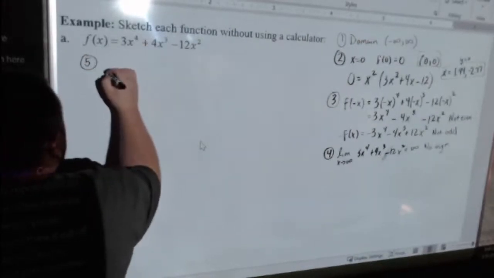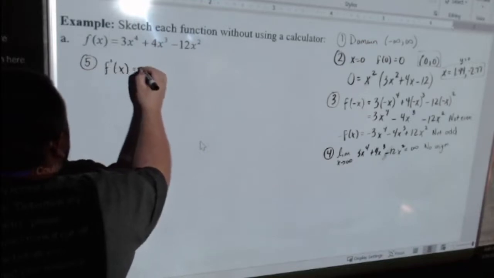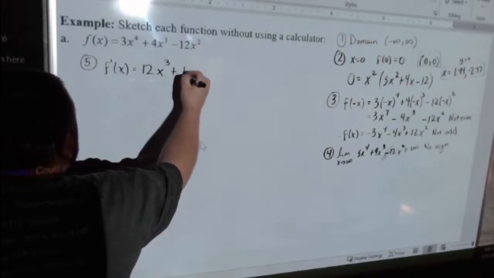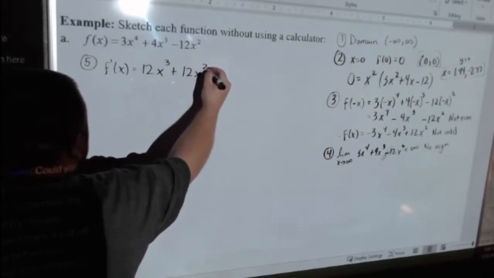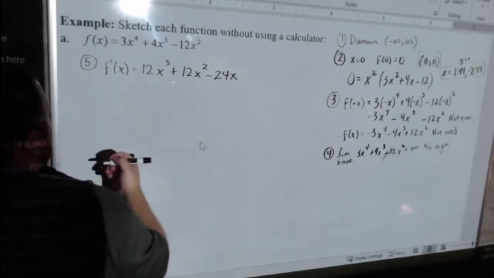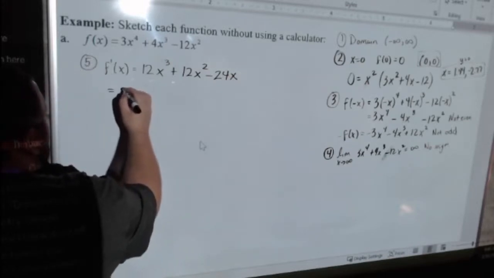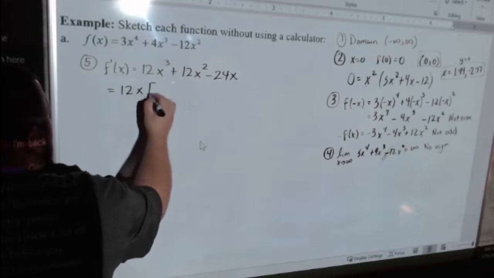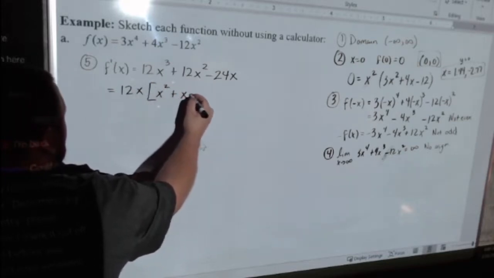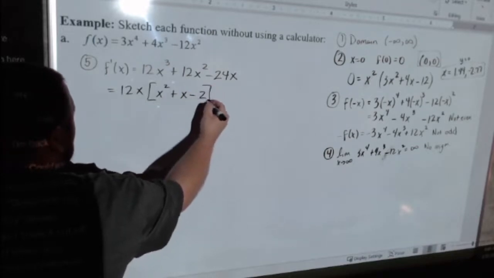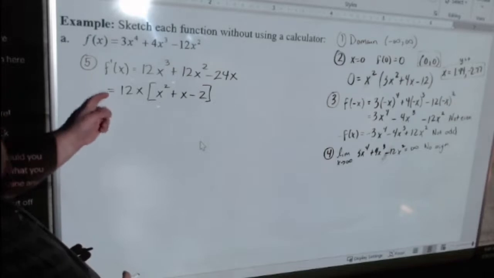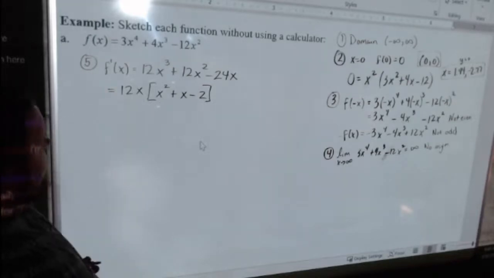So this is going to be 12x cubed plus 12x squared minus 24x. I'm going to factor out a 12x out of all of that. The whole point of taking this is to set it to 0.